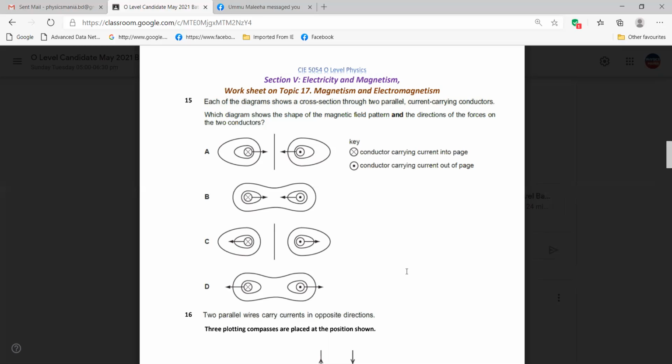A and C, you can check. They both are similar except the arrows. In A, the wrong thing is they are showing the arrows as attraction. Actually, this is repulsion, right? That is wrong. Sir, A is repulsion, right? But the arrows are showing attraction, so the arrows are shown wrongly. That's why we cannot choose A.